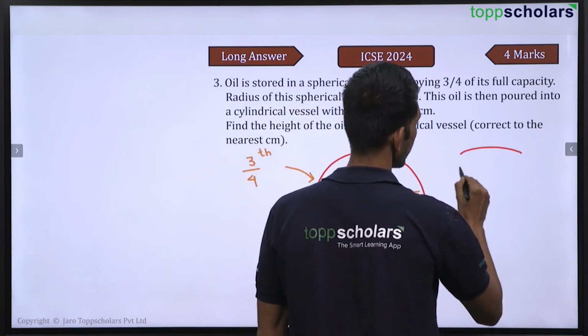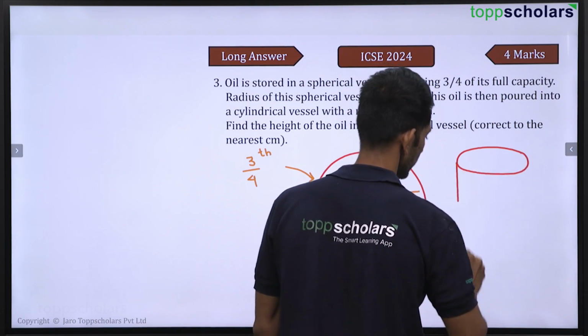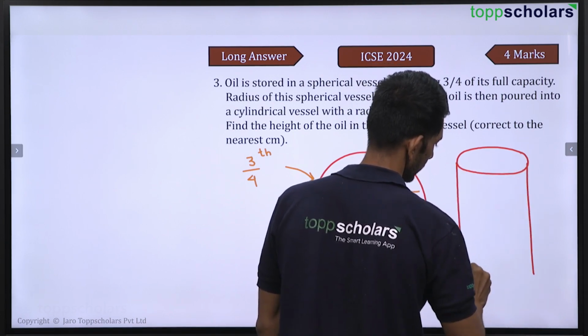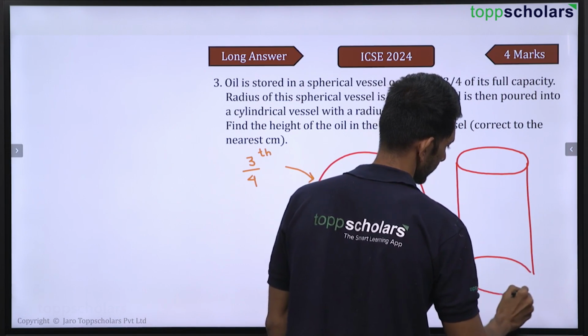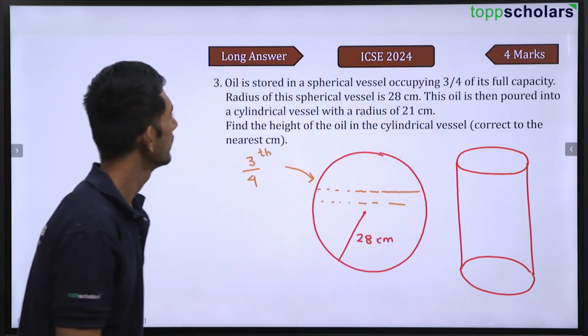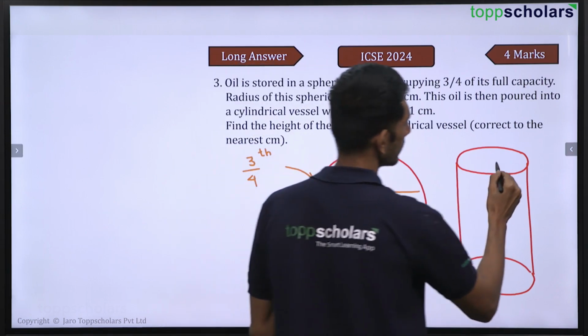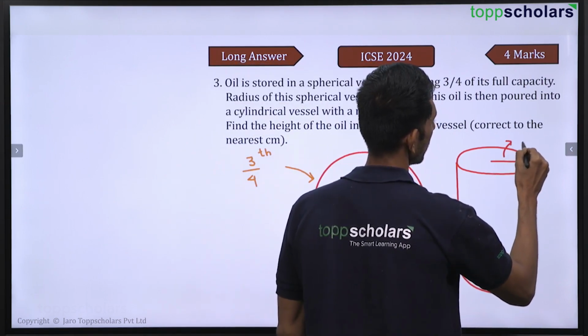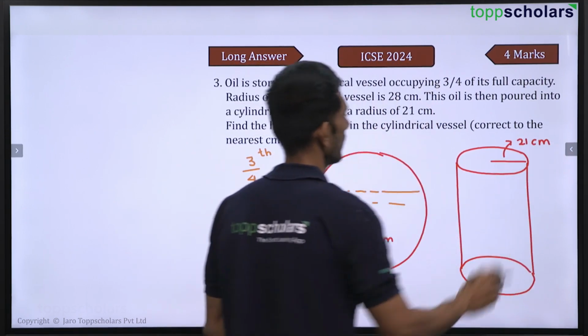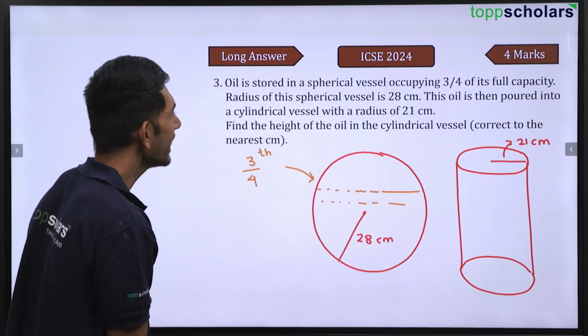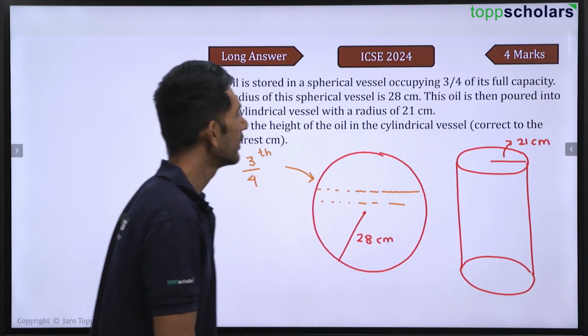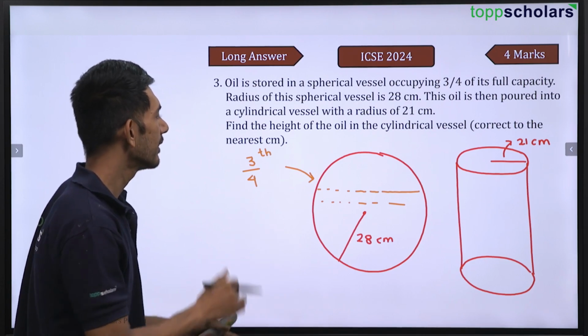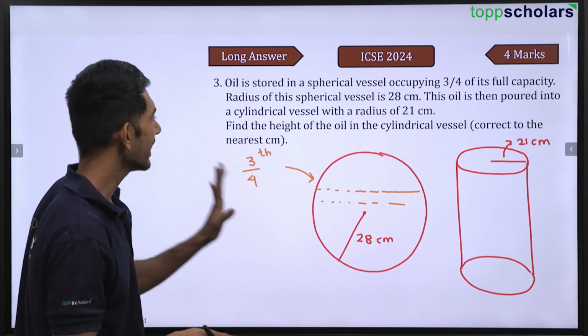This oil is then poured into a cylindrical vessel. This is poured into a cylinder with radius 21. Find the height of the oil in the cylindrical vessel, correct up to the nearest centimeter.